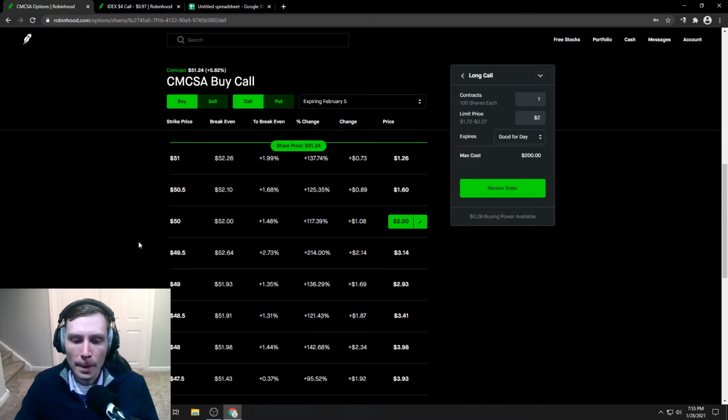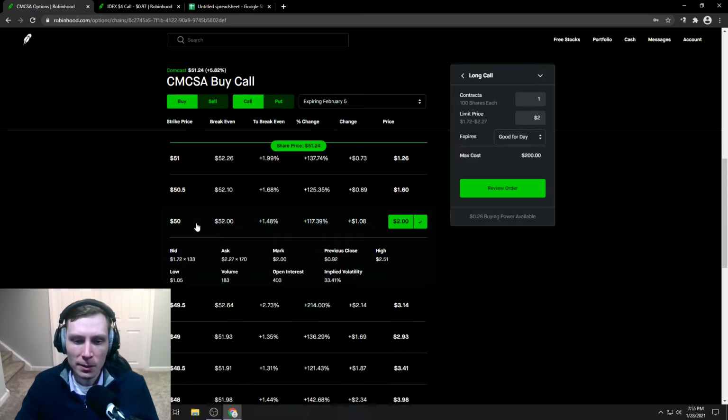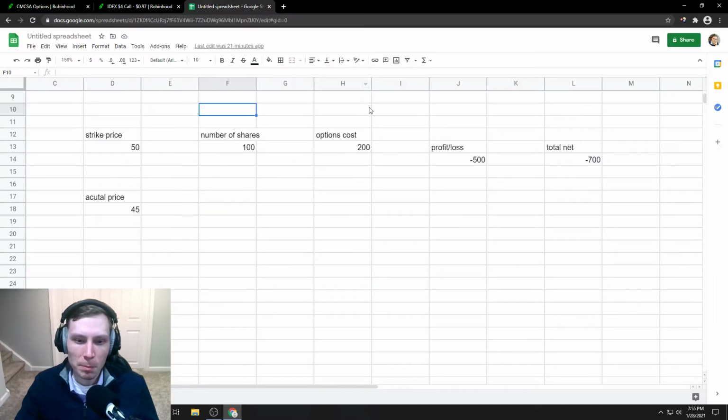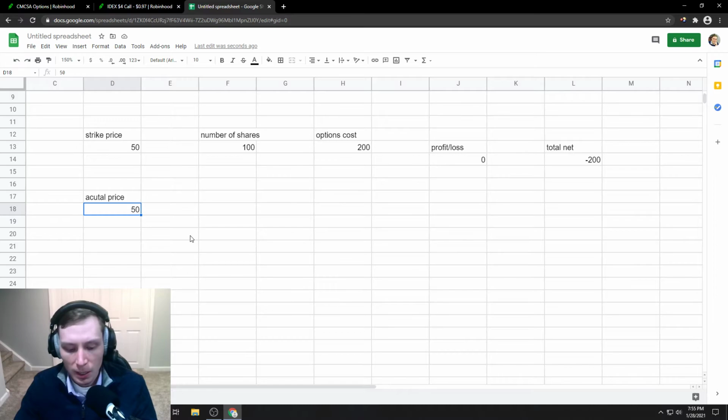So going back to Comcast, for this $50 one that we talked about, that we're looking to buy for $2 per share for $200 total, I made a spreadsheet real quick just to show what that could look like. And this will also talk about where the risk is and also leverage for this.